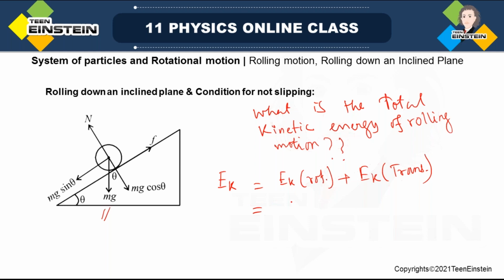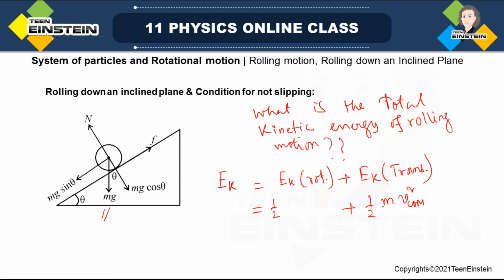So rotational we know, translation, let us write first what is translation. Translation we know half m v center of mass square, the square of the velocity of the center of mass, okay.